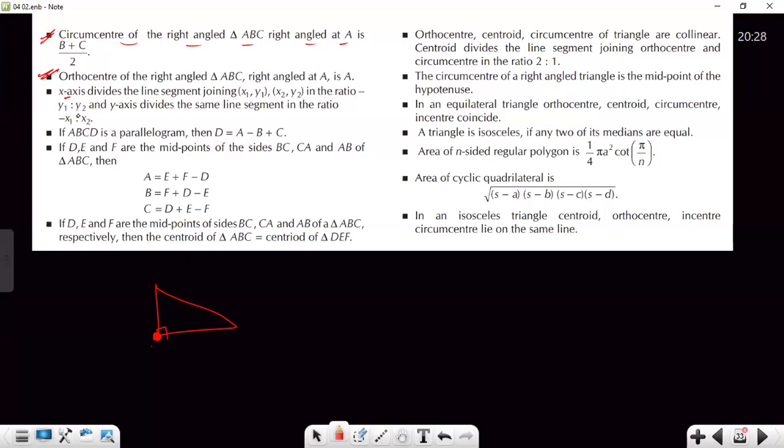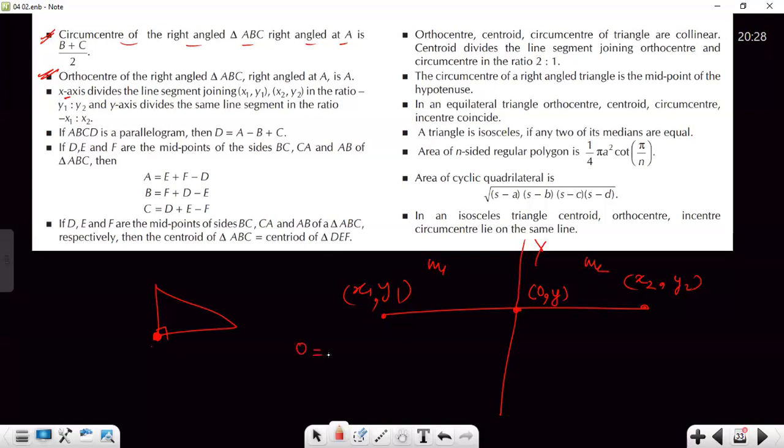Let's discuss the explanation. There are points x1, y1, x2, y2, and there is a complete axis. Let's call this axis y. On the y-axis, we are very sure that the x coordinate will be 0 and there will be some point y. Now we are finding m1 and m2.